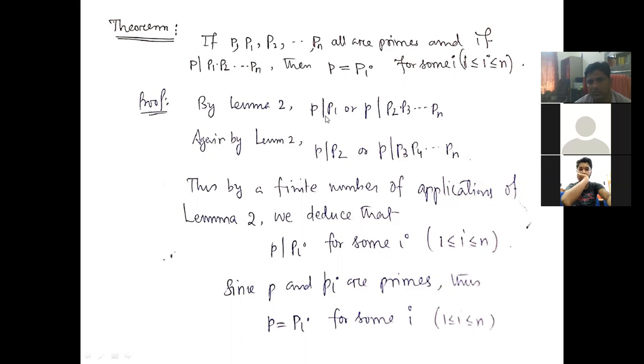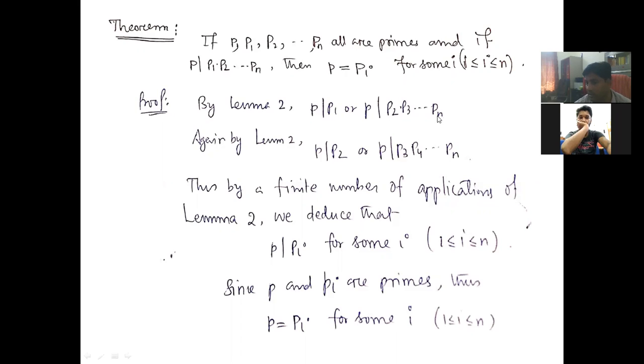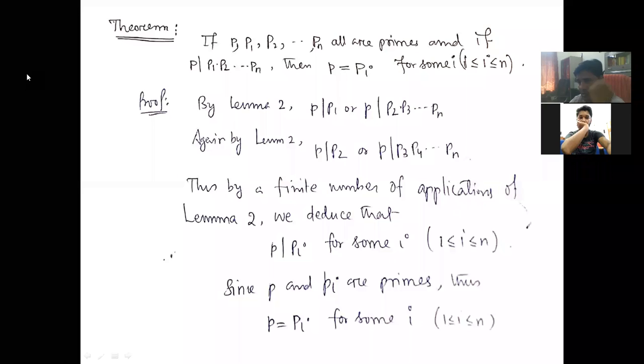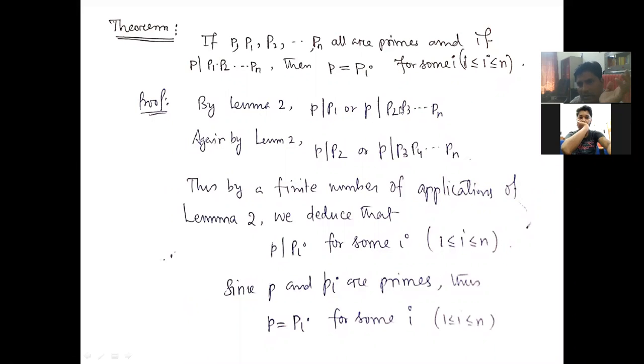भाई लेमा 2, P divides P1 or P divides this product. Okay. Again by lemma 2, P divides P2 or P divides this. Thus by a finite number of applications, एक के बाद एक आप फिर प्रोडक्ट में लगाइए. कोई तो दो पार्ट में कर लीजिए. जो आइदर डिवाइड्स m और डिवाइड्स n, तो P डिवाइड्स P1 और P डिवाइड्स P2 n. अगेन बाय इसमें फिर लगाइए उसी लेमा. ओके.